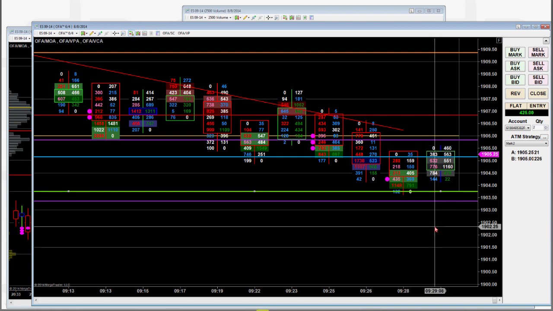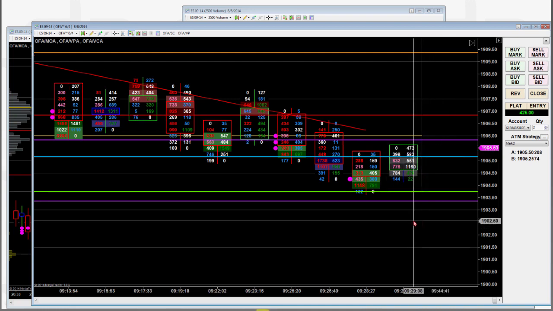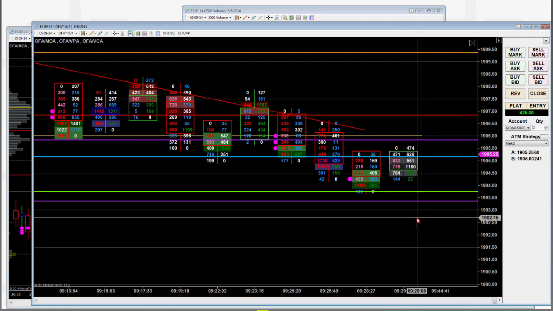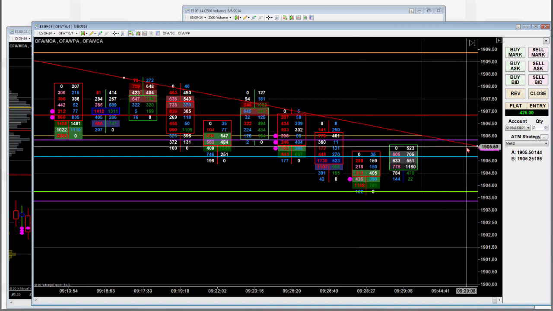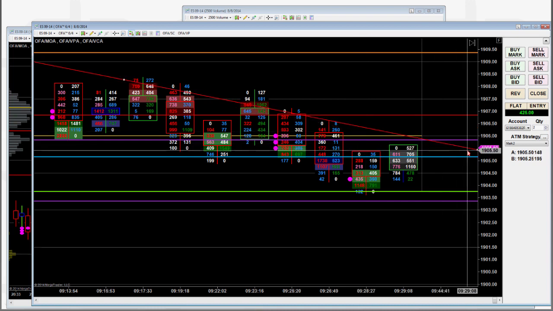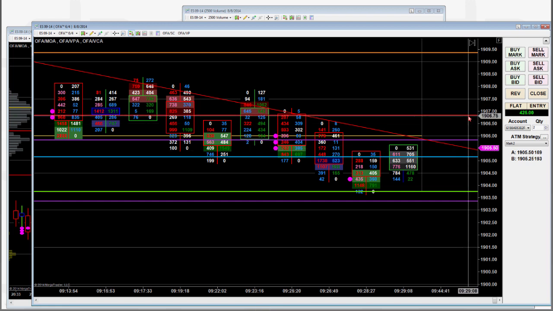Okay, our IB is set. Here's VPOC today, 1906. I suppose I could extend this. I will show you the other settings in the 6-4 chart.